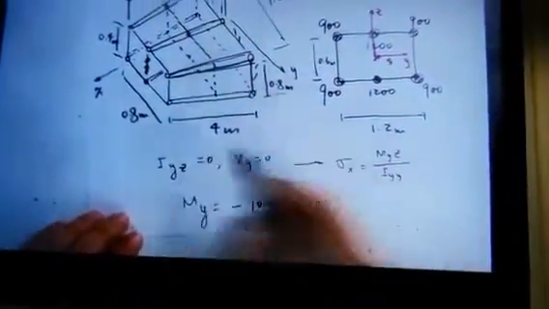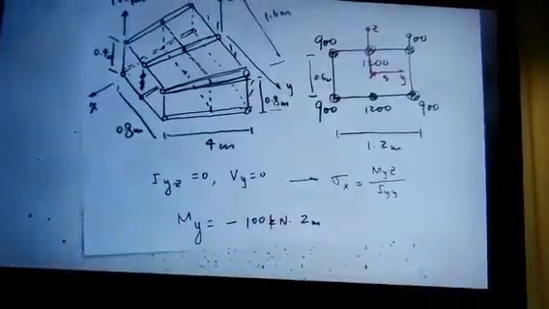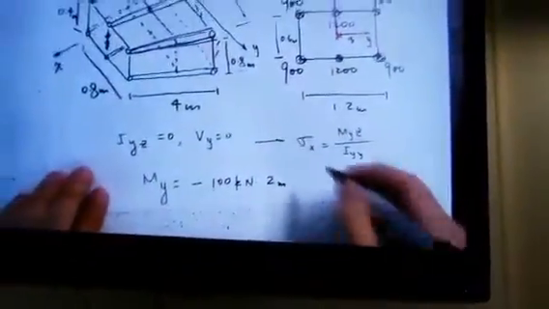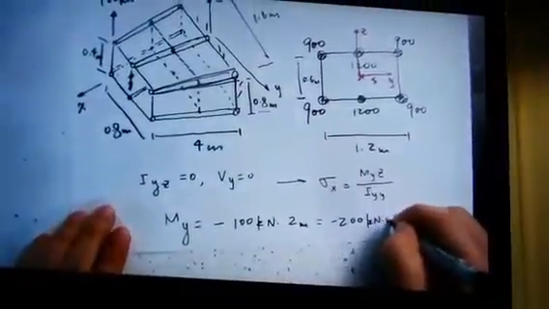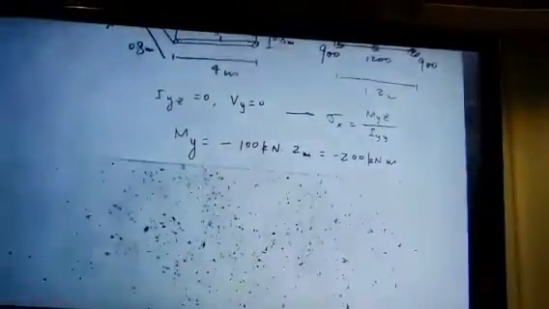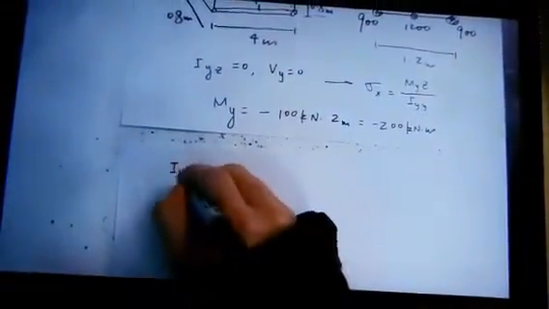So negative 100 kilonewton times 2 meters. 2 meters is the distance between the loading plane and the cross-section you are dealing with. So it's minus 200 kilonewton meter. This is the moment acting on that cross-section, and then Iyy.